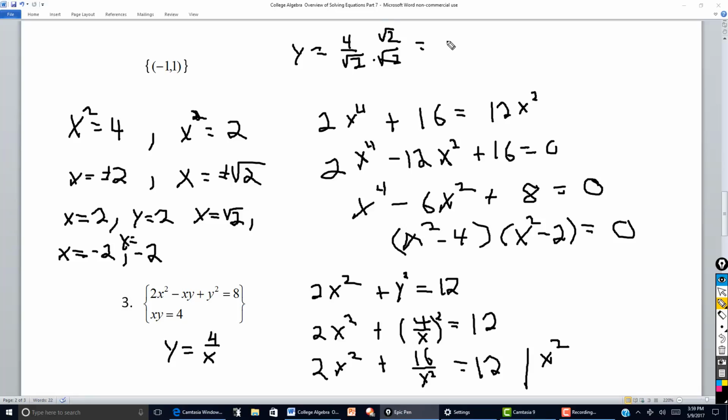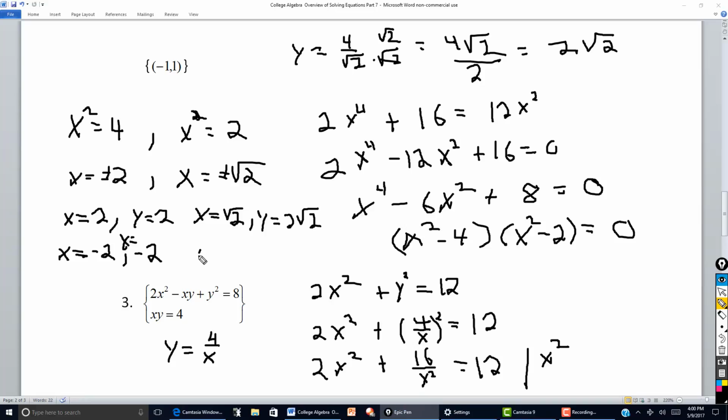So this would give me 4 radical 2. And radical 2 times radical 2 is radical 4. The square root of 4 is 2. So 2 into the 4 is 2, so I get 2 radical 2. So if x is equal to the square root of 2, then y can be 2 times the square root of 2.